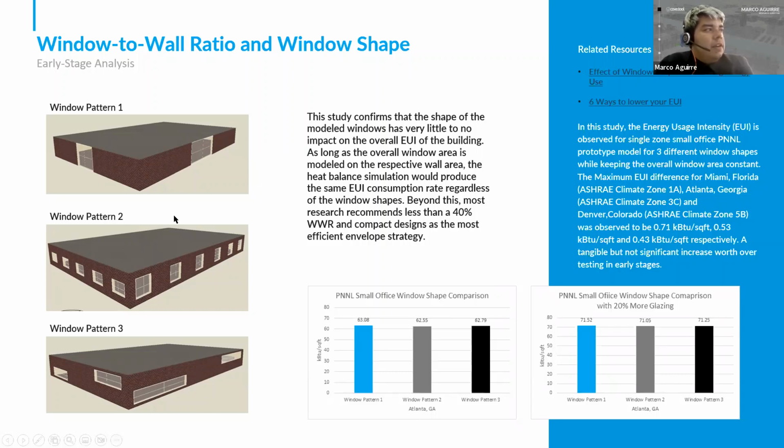So in this analysis, we have the same building, with a window to wall ratio of 40% in each of these options, but we've distributed them in different ways, like large openings, punched out windows, and then larger ribbon windows. The energy performance was incredibly similar across these different designs, but they had radically different daylight results. So you want to balance both of those and figure out what would be the most efficient design, making sure you're not focused on just one, but looking at all the different results you can get in CoveTool.